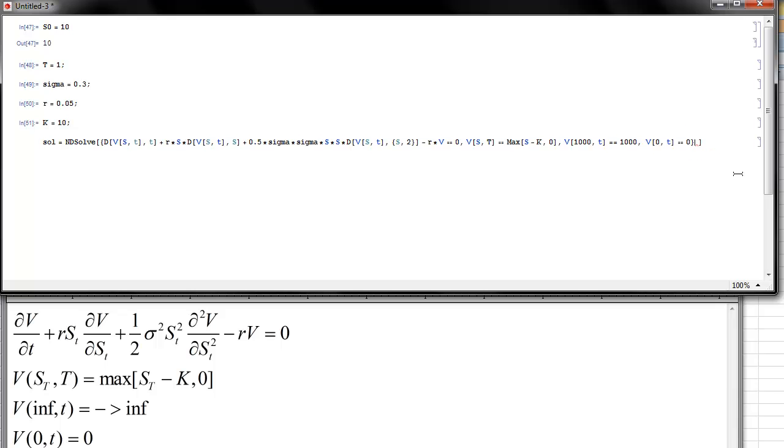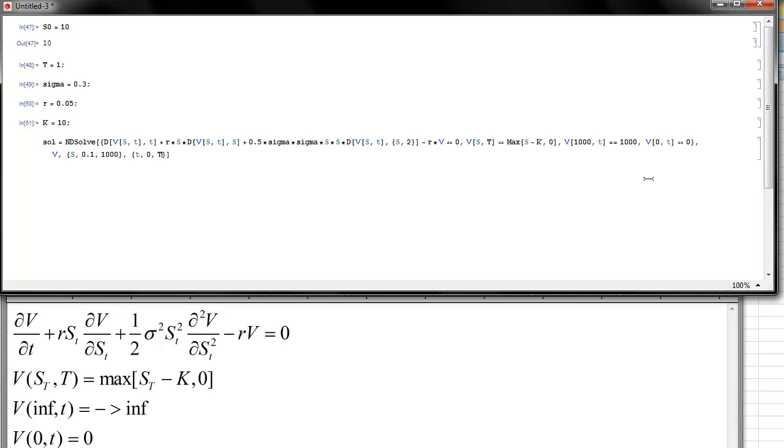Then you have to add that you are solving for v, and you are going to evaluate it numerically for s between, say, 0.1 up to the boundary condition, which is 1000, and for t between 0 and 1.